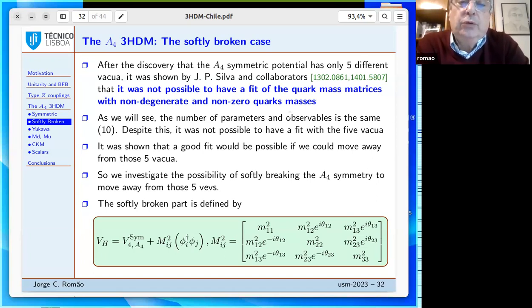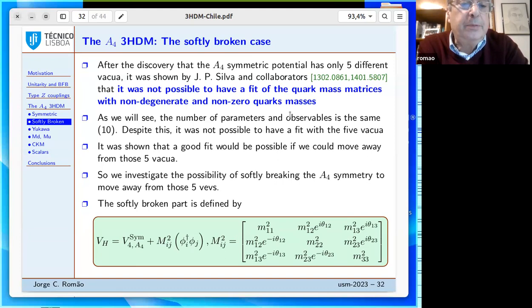The easiest way out is to add to the theory an extra singlet. But we have not done it. This was suggested by Ernest Ma because he also studied this type of models, not in the quark sector but in the lepton sector.